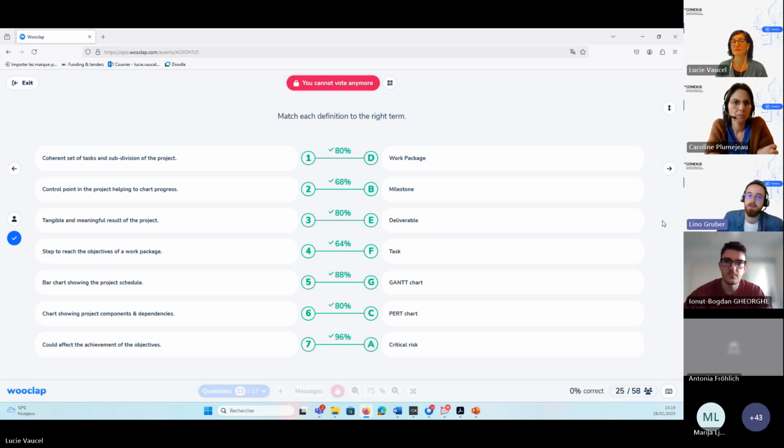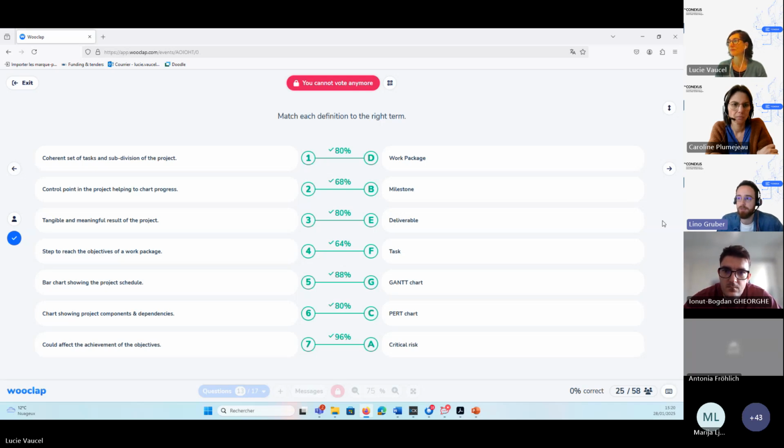Then a deliverable is a concrete result of the project. Keep in mind that it needs to be meaningful with regard to the project's objectives. And deliverables also provide useful information to ensure the effective monitoring of the project.